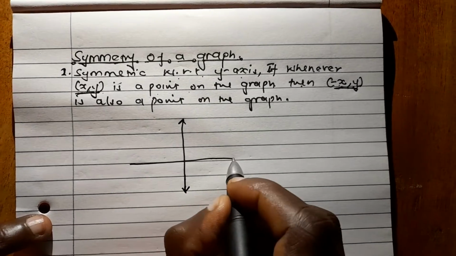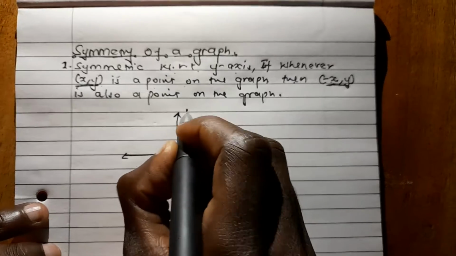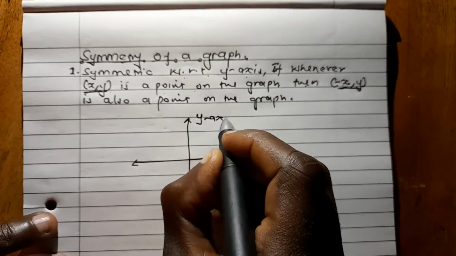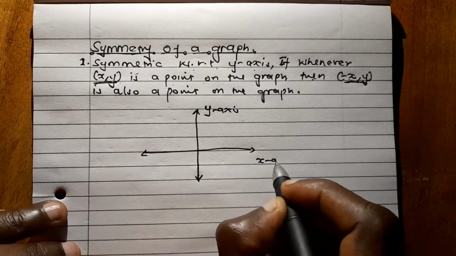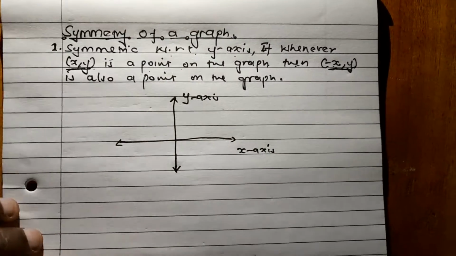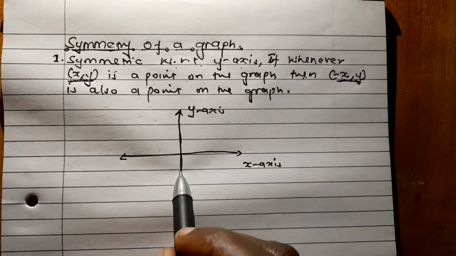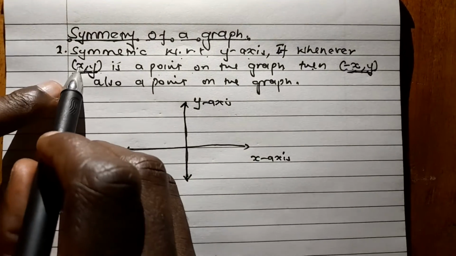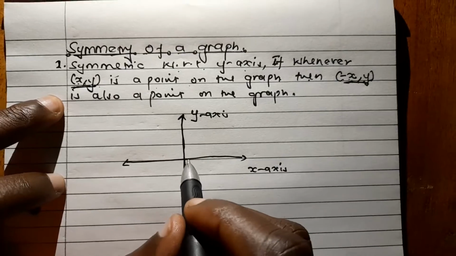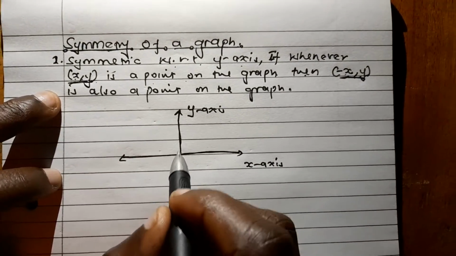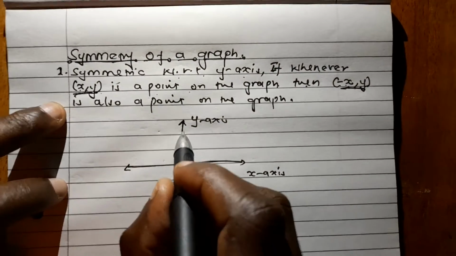So that is my y-axis and this is my x-axis. We are saying a graph is symmetric with respect to the y-axis if whenever we have a point x comma y, you realize this is the positive x-axis and this is the positive y-axis.